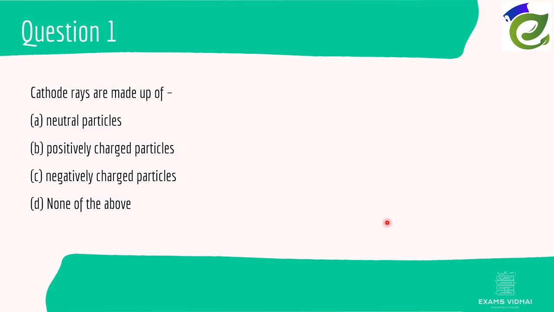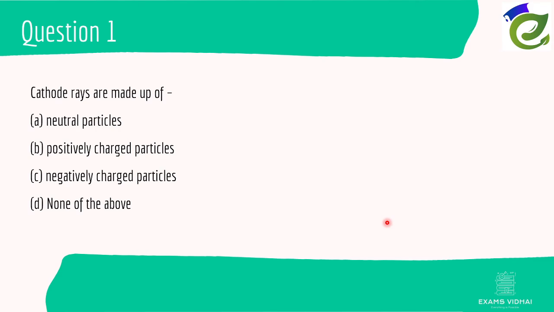For this video, we'll end with a small question based on the previous slides. Question number 1: cathode rays are made up of neutral particles, positive particles, negative particles, or none of the above? I'll wait for some time. You can pause the video and answer to yourself, or continue watching to see the final answer.